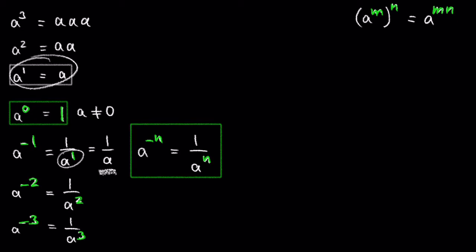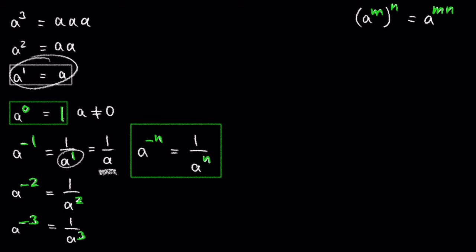So a raised to the power of m, which is then raised again to the power of n, is equivalent to a raised to the power of m times n.